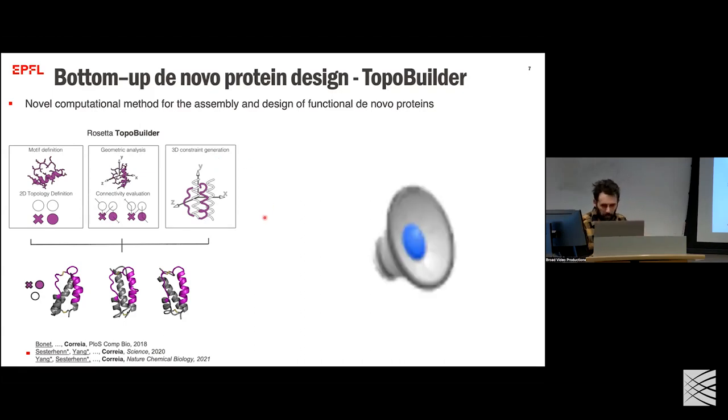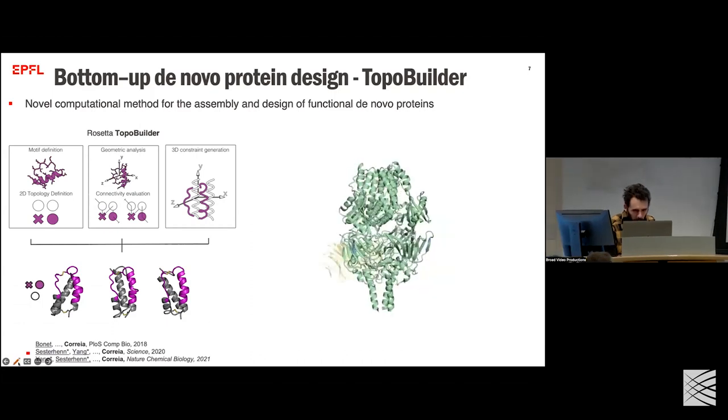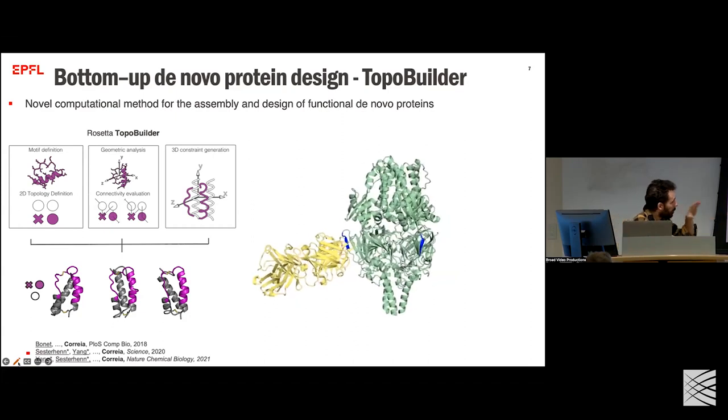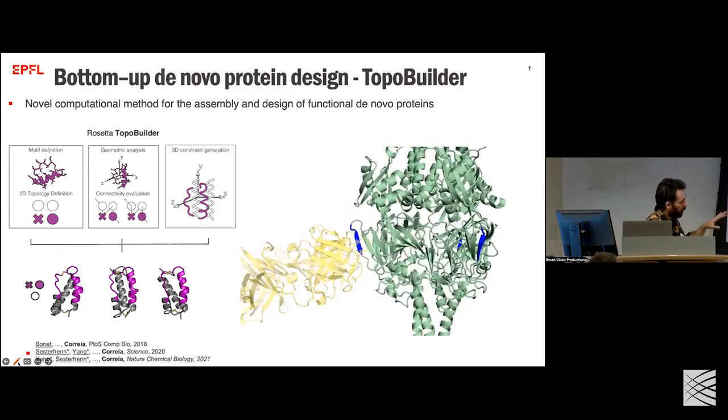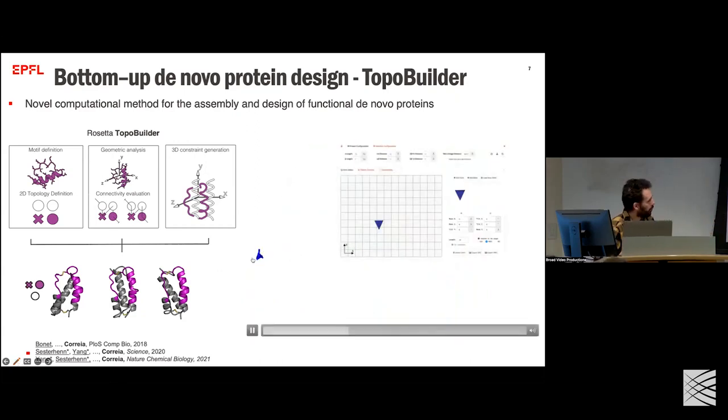Then we would pipe all this information to the computer and actually start designing things. But let me give you an example in this movie so that you can have a perspective. What you see here is basically the epitope, or the functional motif.